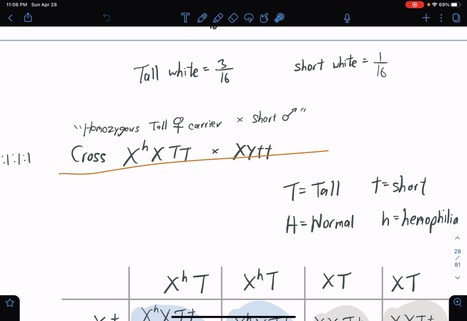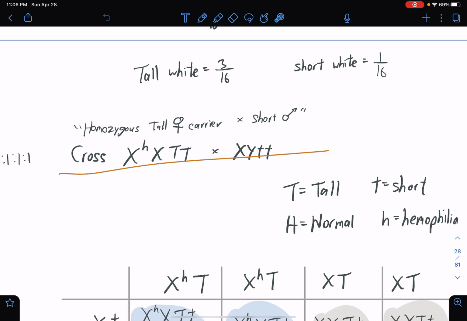So what we're supposed to cross is a female who, we can't say, is hemophilia positive. She is basically a carrier. If she had hemophilia, there would have to be another h in the exponent position, if the X is a constant, like what's going on in math or algebra.